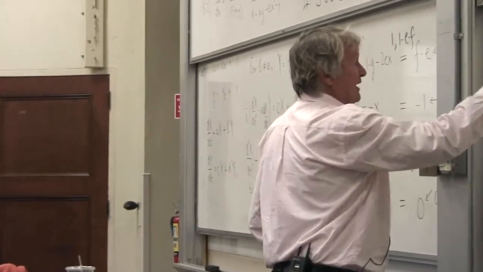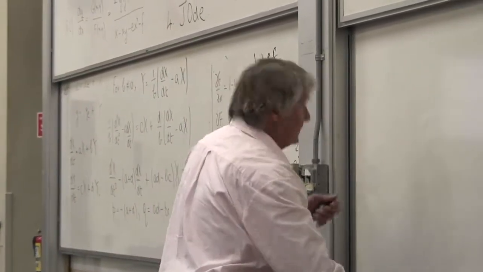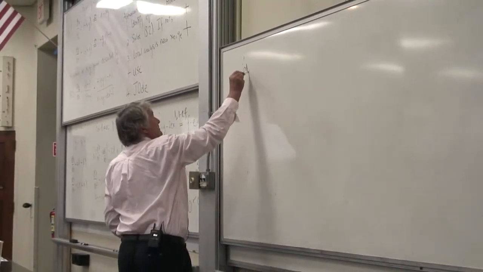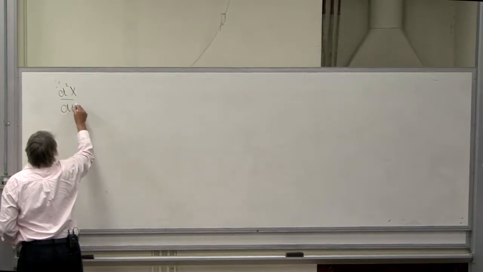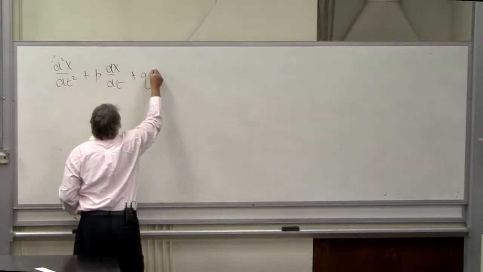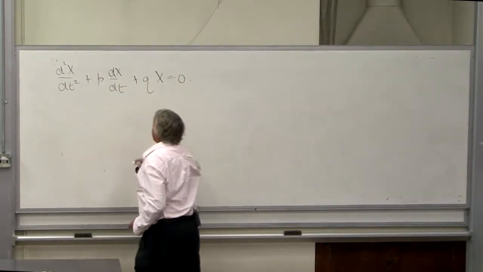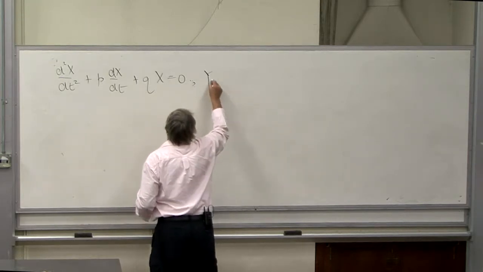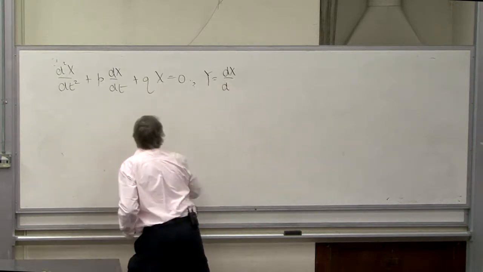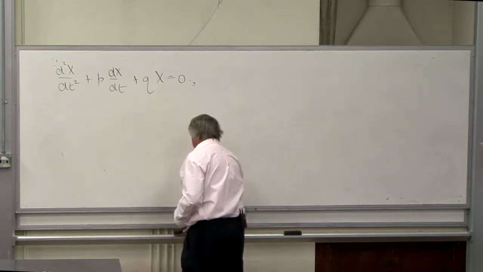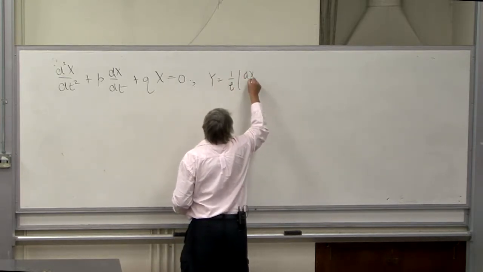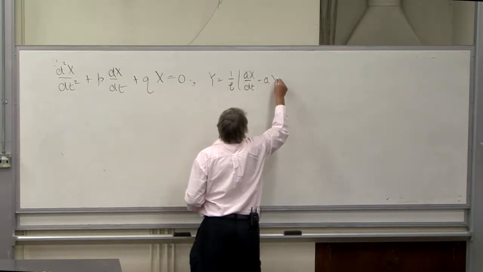It's d2x by dt squared plus p times dx by dt plus qx equals 0. And we have that y is, sorry, no, that's not true. Y is 1 over b dx by dt minus ax.